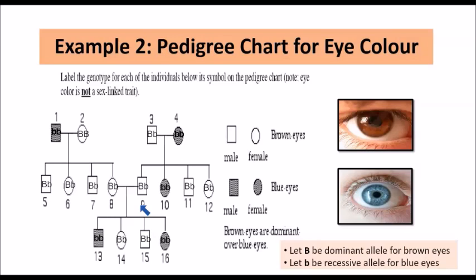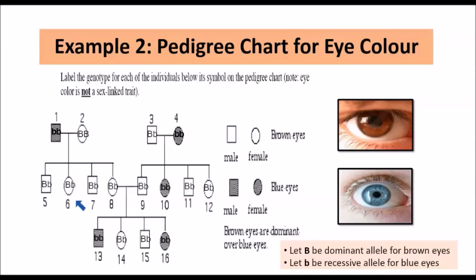So you can see clearly with pedigree charts, you have to really analyze and examine the genotypes of the individuals. So you may need to look at the genotypes of the parents to determine the genotypes of the children, and then in some cases you have to examine the children's genotypes, their phenotypes especially, to work out the genotypes of the parents.